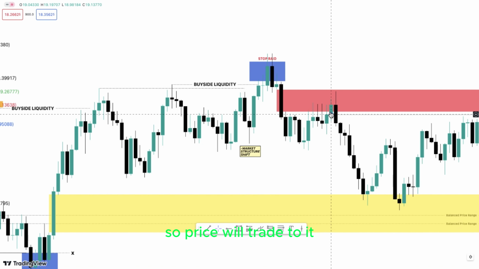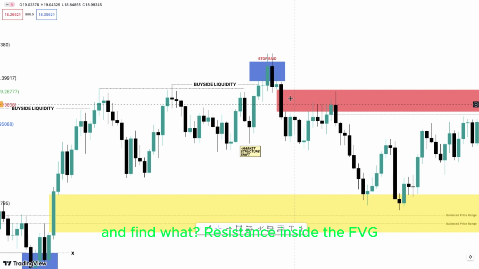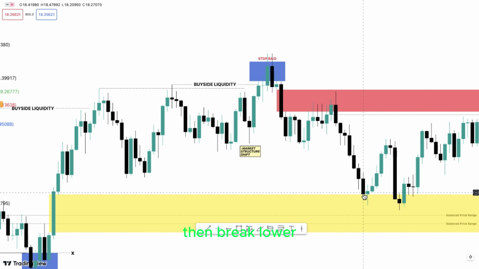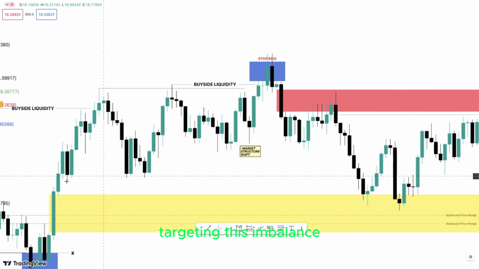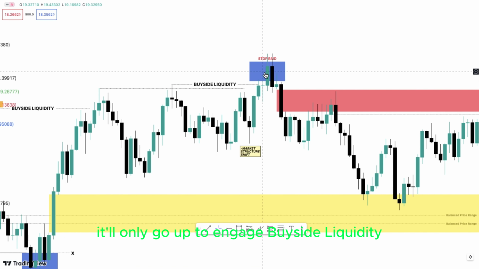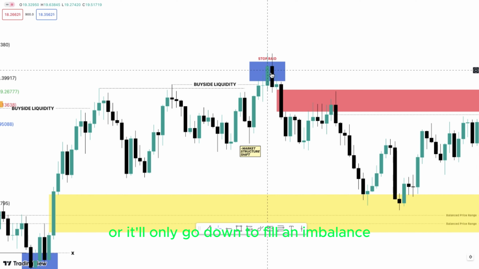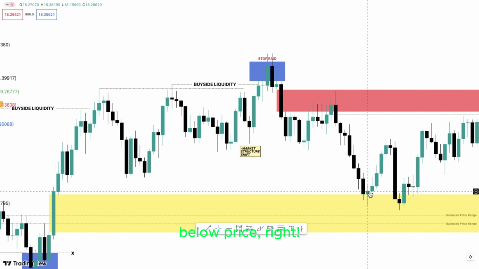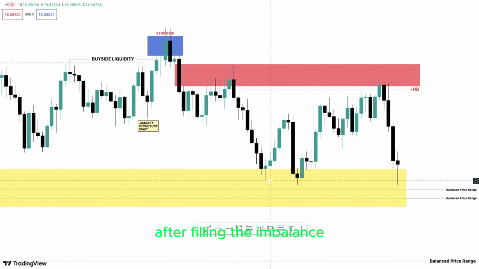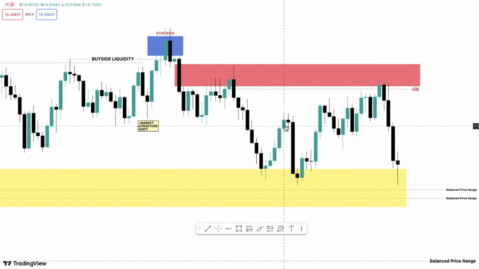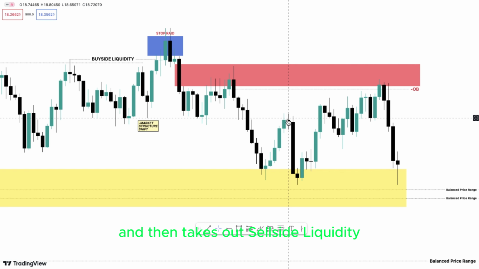So price will trade to it and find resistance inside the fair value gap, then break lower, targeting this imbalance. Hence I said it will only go up to engage buy side liquidity, or it will only go down to fill an imbalance below price, right? After filling the imbalance, it creates a low there, retracement, and then takes out sell side liquidity below this low.